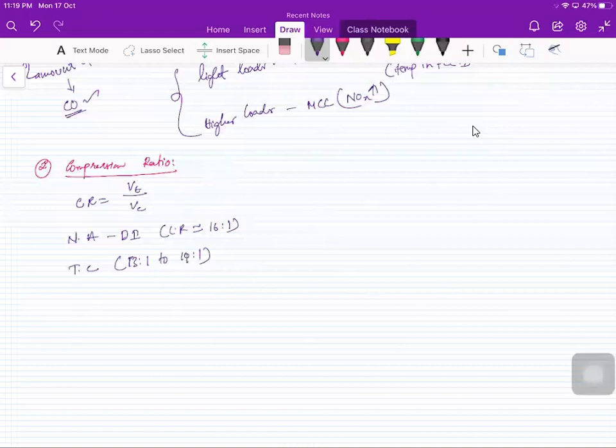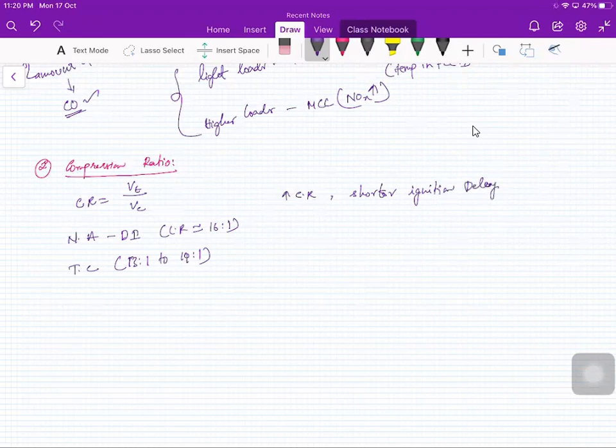Now, how does this compression ratio have an effect on emission characteristics in a diesel engine? That is the main focus and objective. If you just look at it, an increase in compression ratio results in a shorter ignition delay.